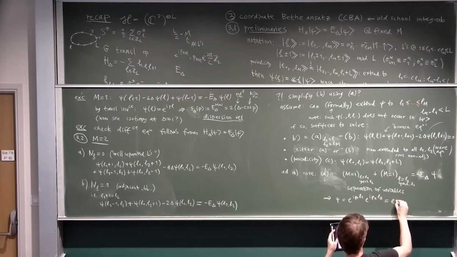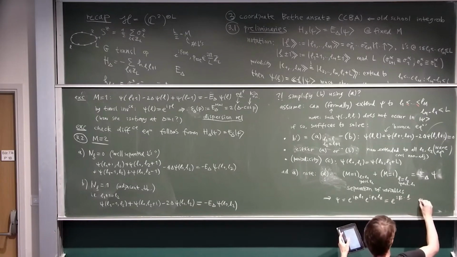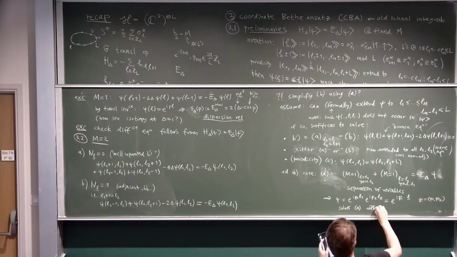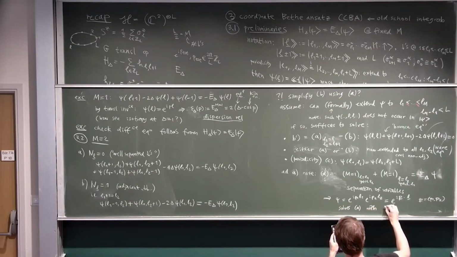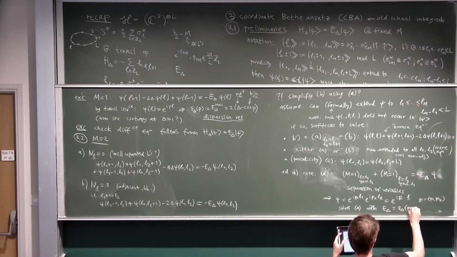Let me denote this by e to the i p dot l, where I form a vector with two parameters, p1 and p2. So this solves A with energy E delta equal to epsilon delta of p1 plus epsilon delta of p2.